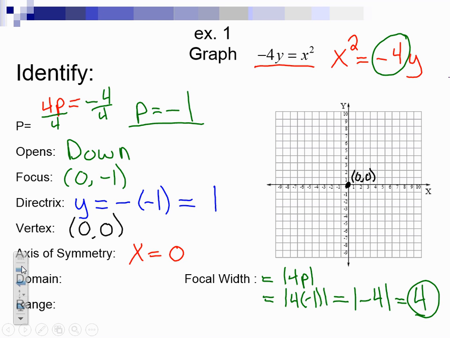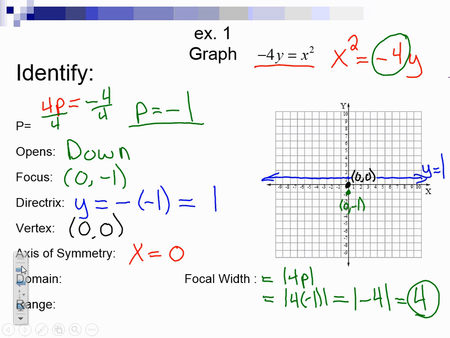My focus is just a point at (0, -1). It's right here. Make sure I label it (0, -1). Keep going. My directrix is a line. My line says y equals 1. So I come here to 1, draw a straight line, and make sure I label my line, y equals 1.